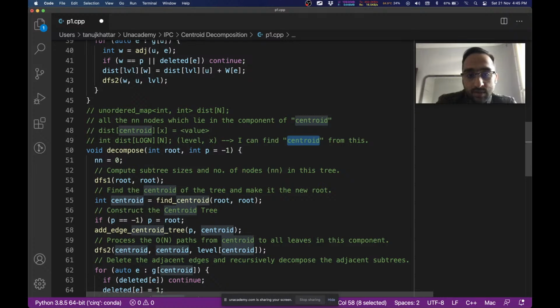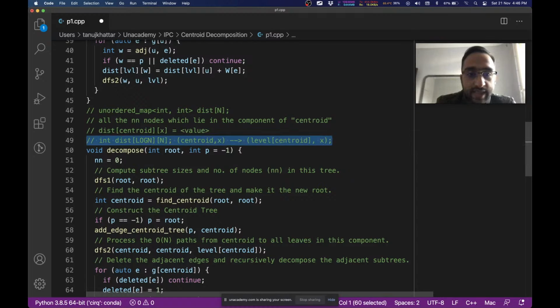So I'm replacing centroid comma x by level of centroid comma x.